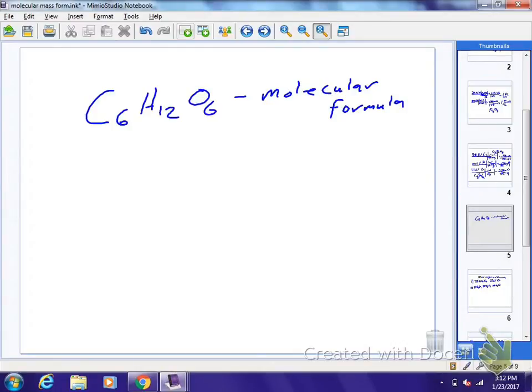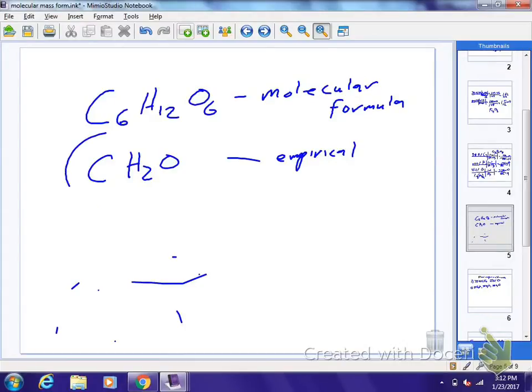The empirical formula is CH2O. Okay? For glucose. So when we plug in our percentages, this is what we'll generate when we come up with our formula. But that's not the actual formula.